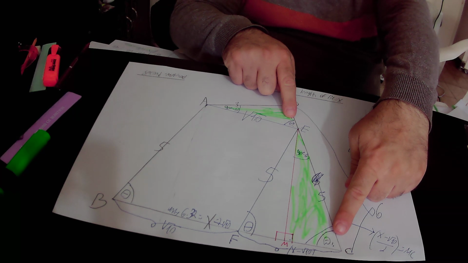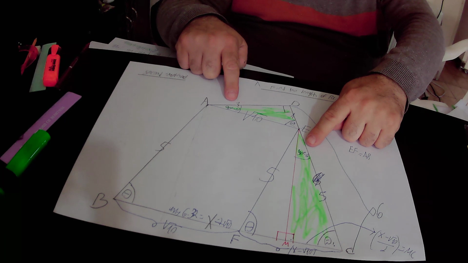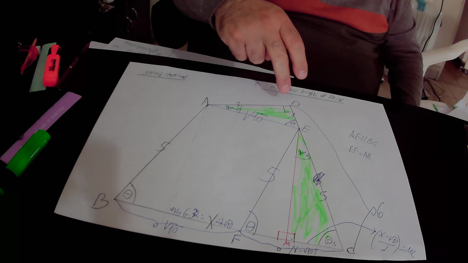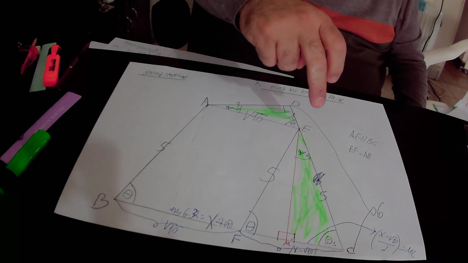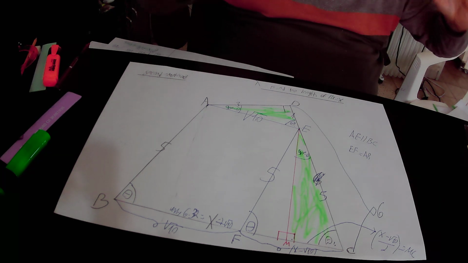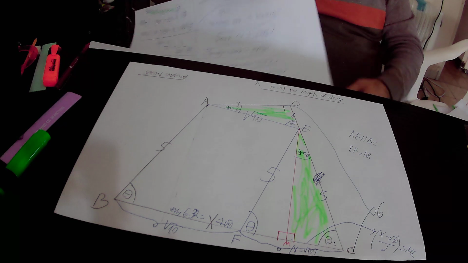And those two angles are both equal to 90 degrees minus theta. So all the angles in the right triangle ADE match all the angles in the right triangle EMC. Therefore, those two green triangles are similar according to the angle similarity rule.